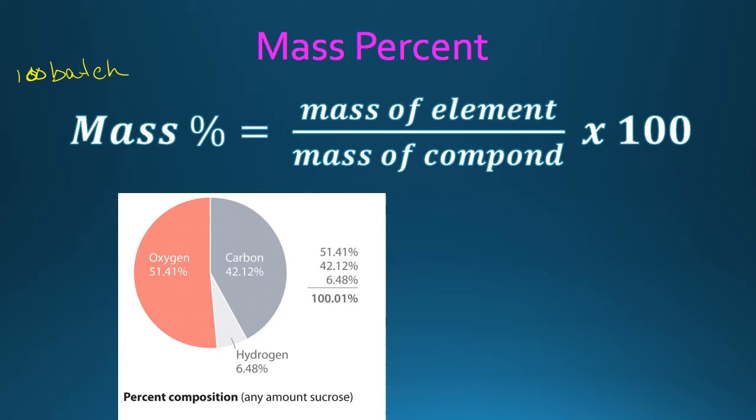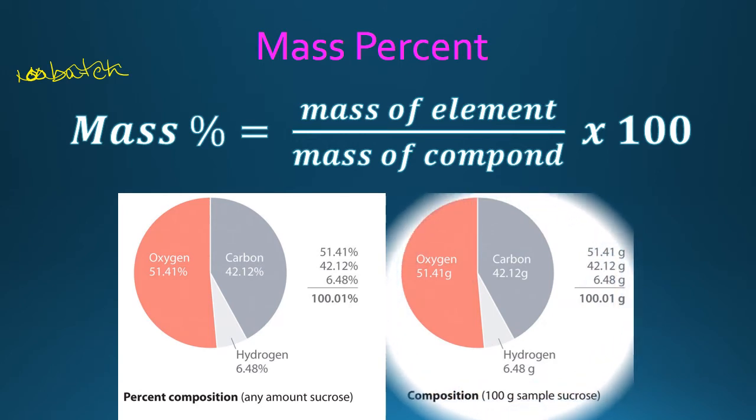If you do exactly the same recipe every time, the percentage of stuff you put in each batch of cookies doesn't change. And this is the same with a chemical formula. No matter how much of, say in this case, sucrose you have, the percentages will never, ever change.